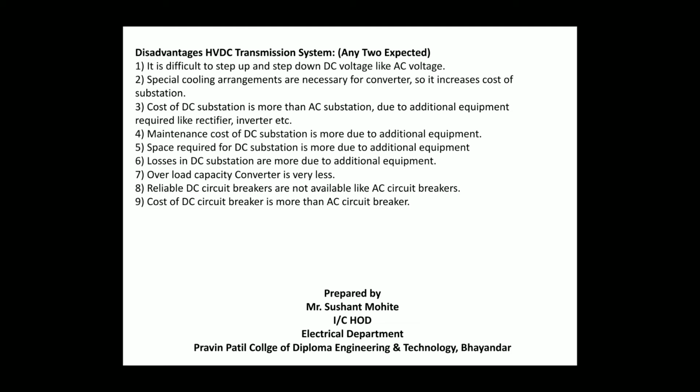That's why we use the EHV AC transmission system as compared to the HVDC transmission system. So suppose the exam asks the question, why use the EHV AC transmission system over HVDC transmission? This is the answer for the question.